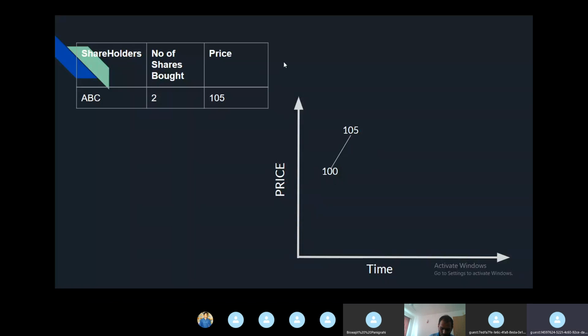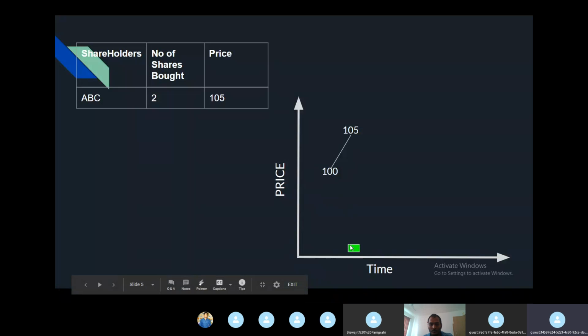Now what happened next is we have bought two shares. How do we show that in a chart? We have to show it somewhere. We have bought two shares, and that is something we show in a green bar. From 100 to 105 it moved, and we show the green bar.